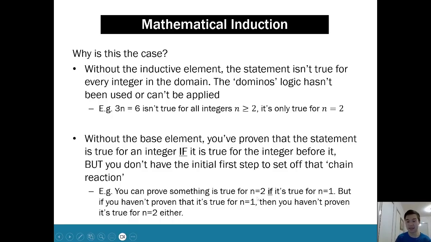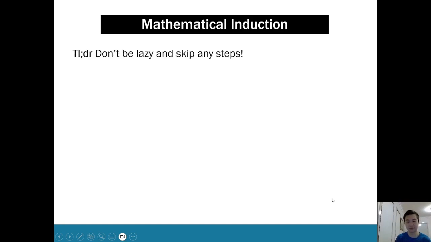The whole truthfulness of n equals 2 is conditional on the fact that n equals 1 is true.